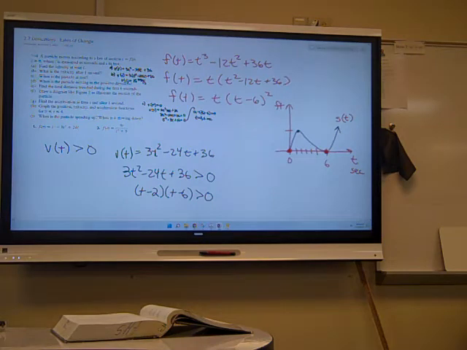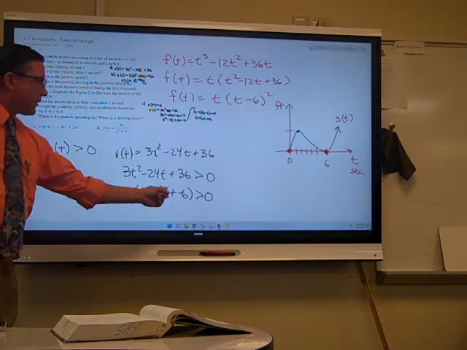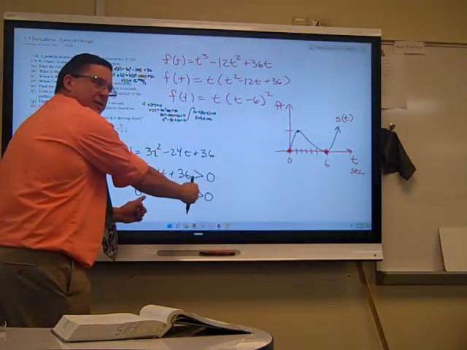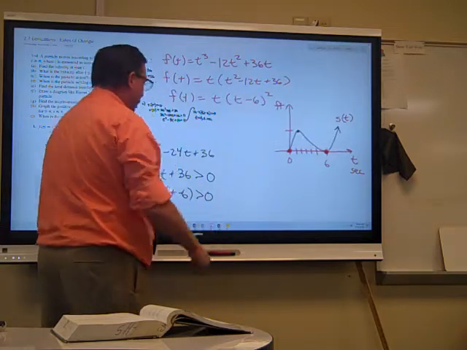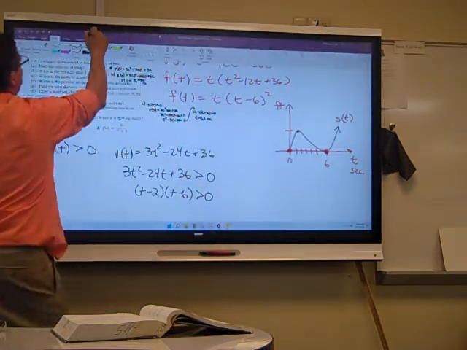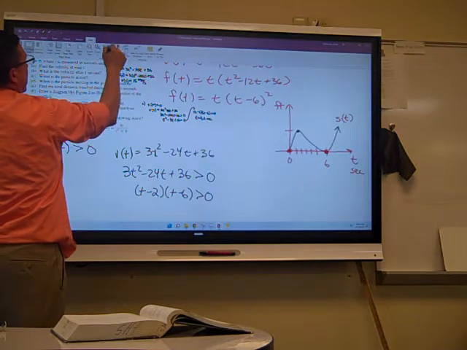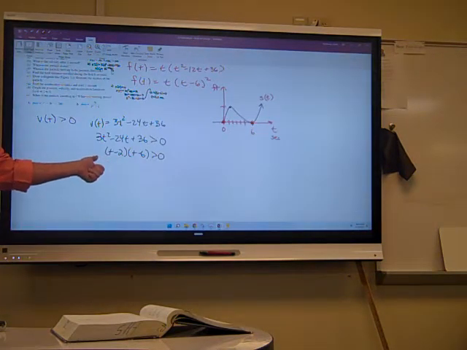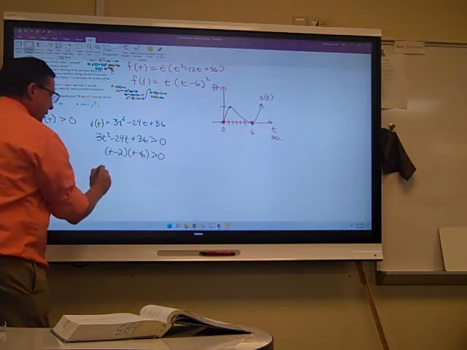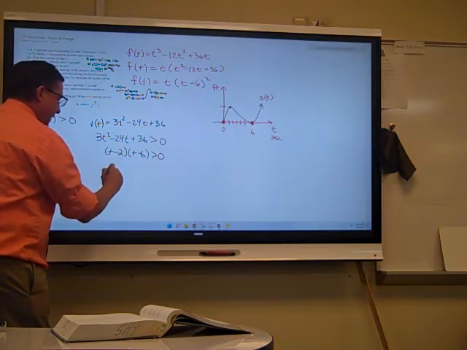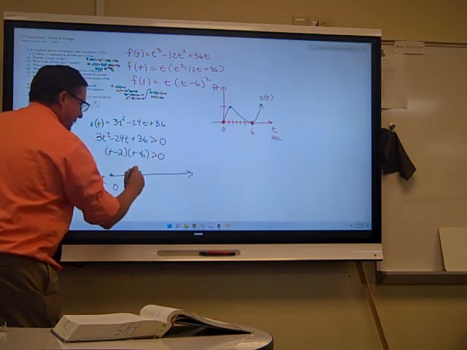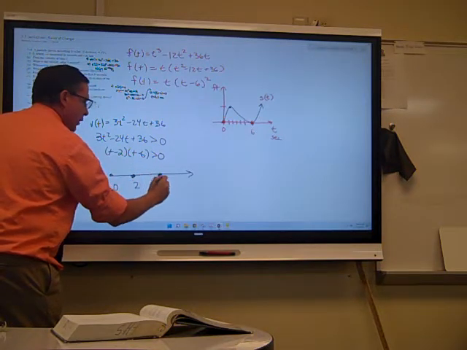There it is. Guys, what intervals do we have? Well, we have 0 to 2, 2 to 6, and 6 to infinity. I'm going to mark this up, make it a little smaller so I can get some room here. Again, anytime we have an inequality with a quadratic, we find the zeros, and can you guys picture a number line that starts at 0? Times 2 and 6 we know are equal to 0.